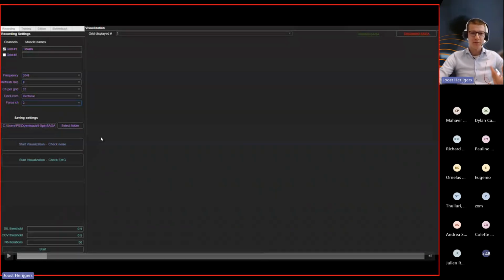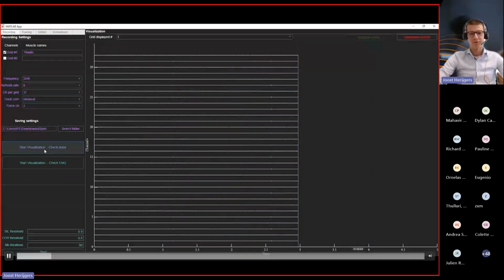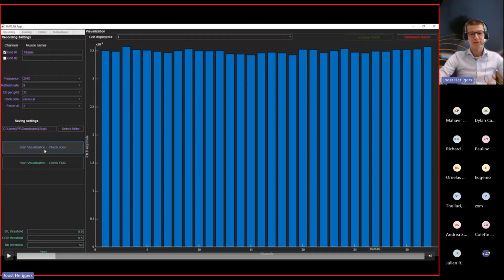Next, we can start some visualizations to see whether our EMG signals are of high enough quality to be used later on. In this part, the subject should rest as much as possible, and after doing that for 15 seconds, the following results are shown. Within this graph, it's mainly important to look at the amplitude of the bars.